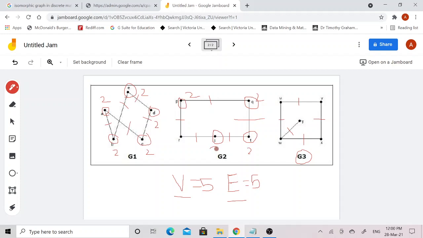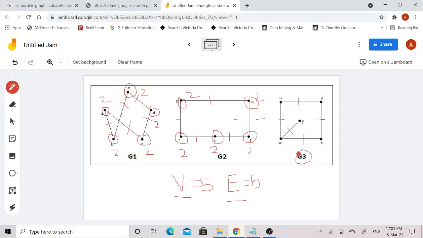So the degree of vertex for this node is 2. R, the degree of vertex is 2. In graph G2 also, all the degrees of vertices are 2. In this way, graph G1 and G2 are isomorphic in nature.